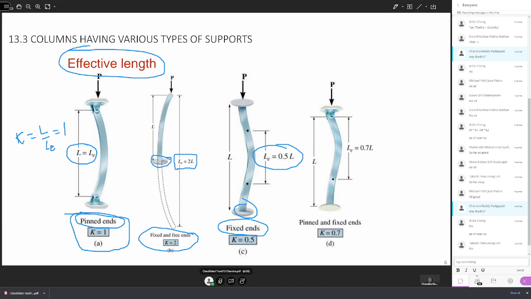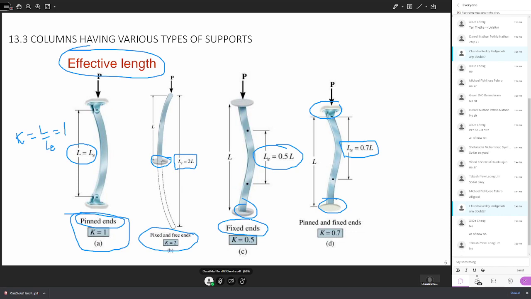In the last scenario, where one end is pinned and the other end is fixed, the effective length is 0.7 times the original length.